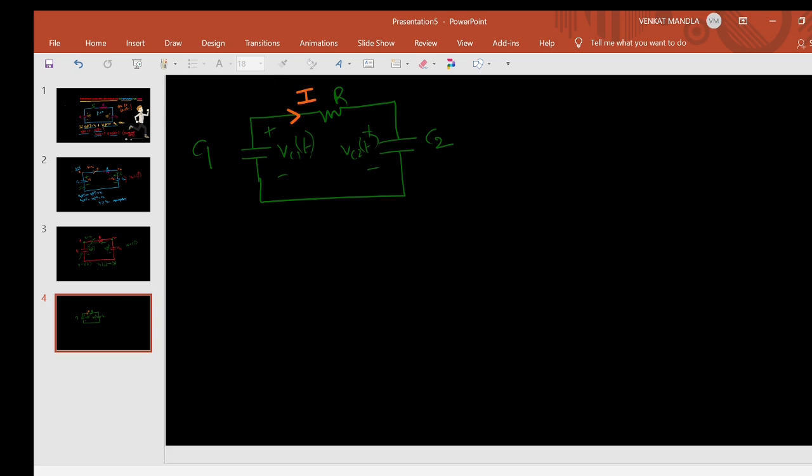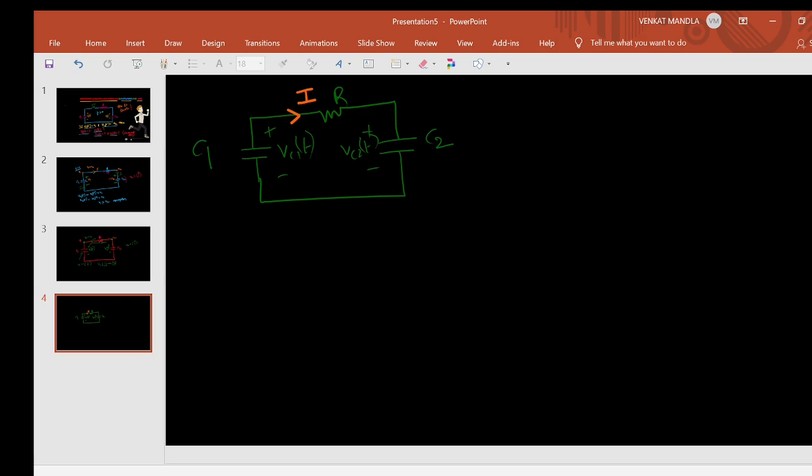Capacitor C1 keeps decreasing its voltage and C2 keeps increasing its voltage until at steady state the two voltages become equal. Up to that time, this current will flow in the circuit.